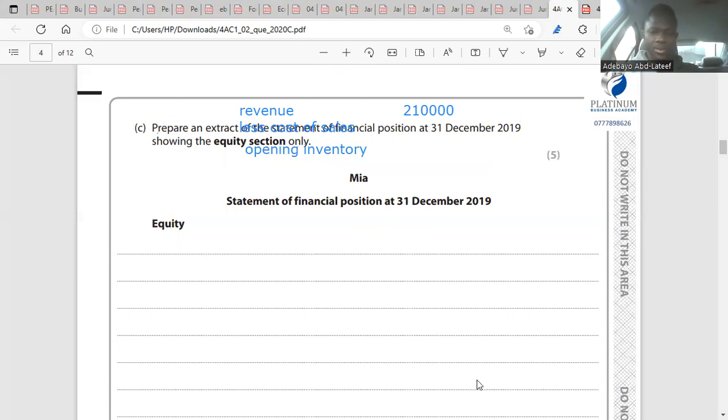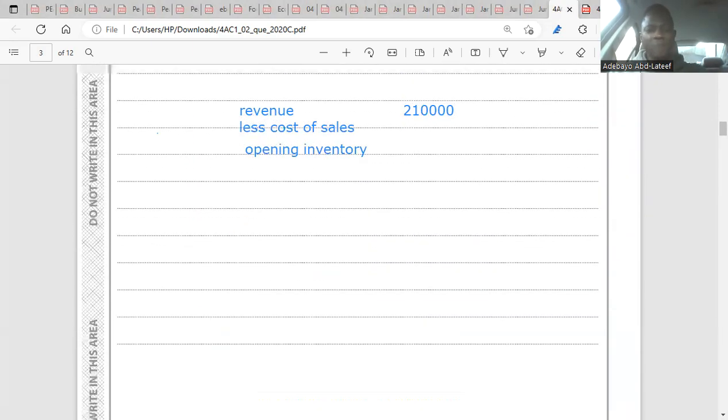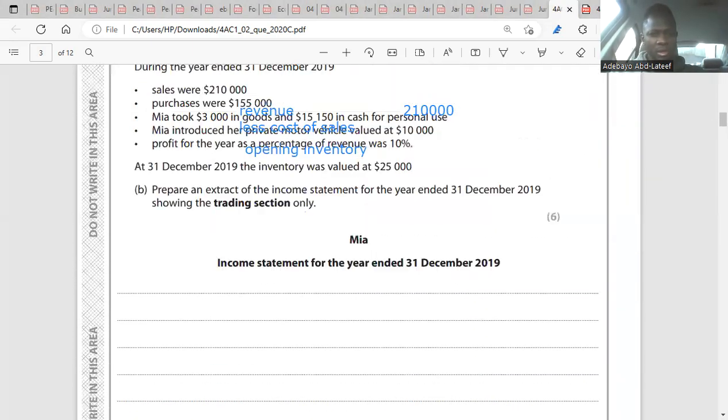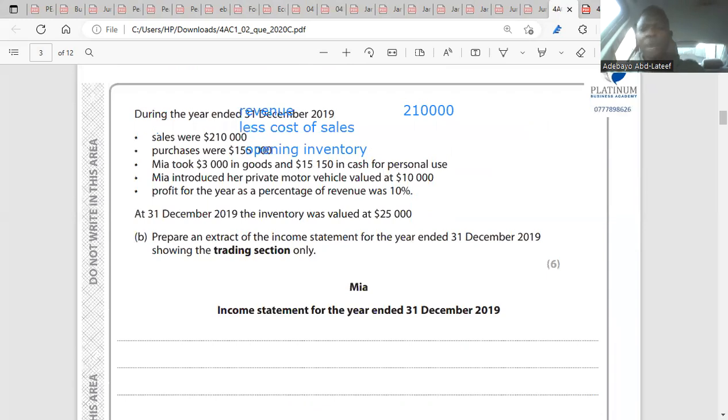Okay. Then let's do it this way together. We have equity is 68,400. That's equity at January 1, 68,400. Plus additional equity, we have it here. They said Maya gave a motor vehicle valued at 10,000, right? Here, 10,000.